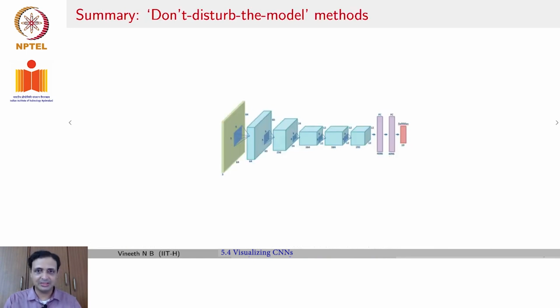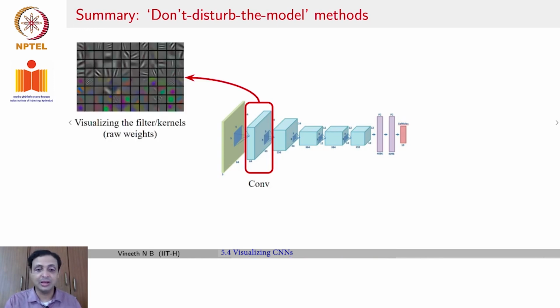To summarize the methods that we covered in this lecture, given a CNN, we're going to call all of these methods "don't disturb the model" methods, which means we are not going to touch anything in the model. We are only going to use the model as it is and leverage various kinds of understanding from it. You can take the convolutional layer and visualize your filters and kernels.